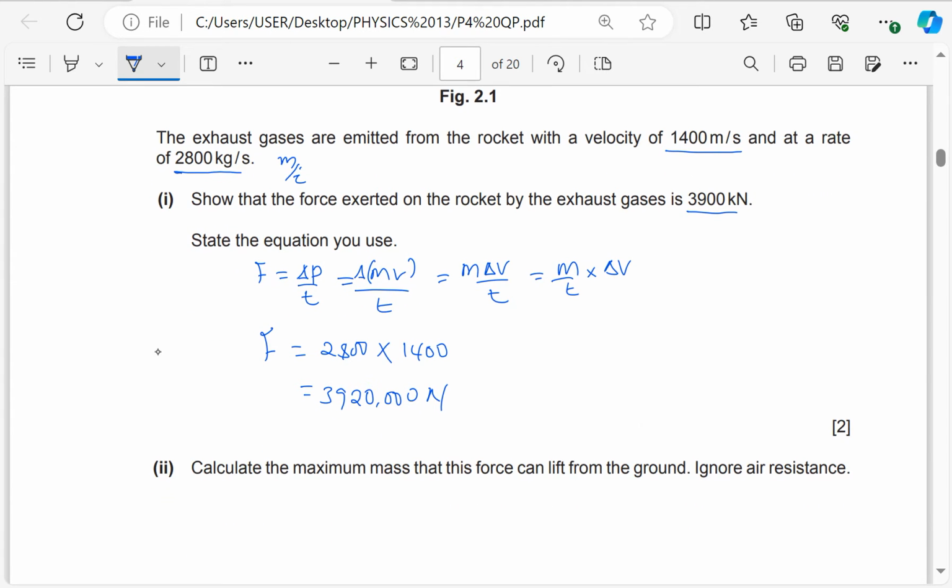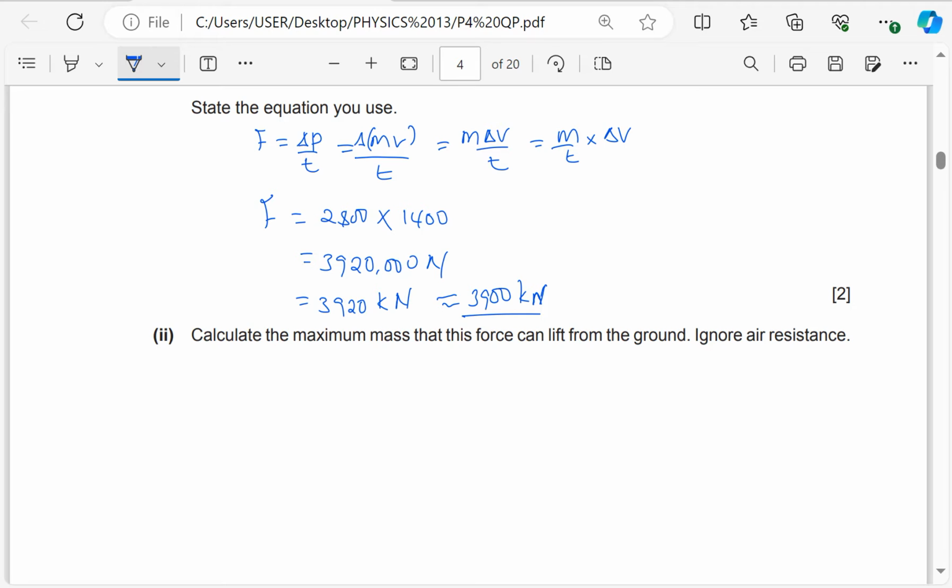If I divide this by 1,000, it gives me 3,920 kilonewtons, which is approximately the same as 3,900 kilonewtons as required. Then calculate the maximum mass that this force can lift from the ground.